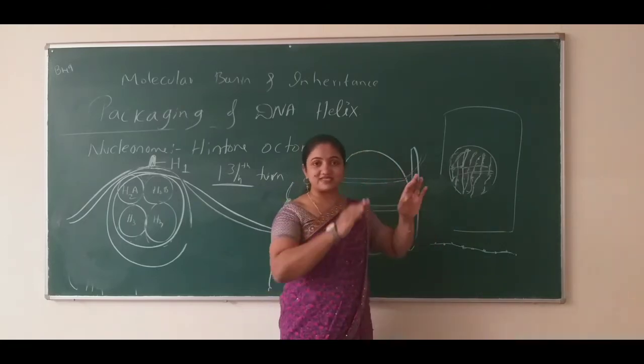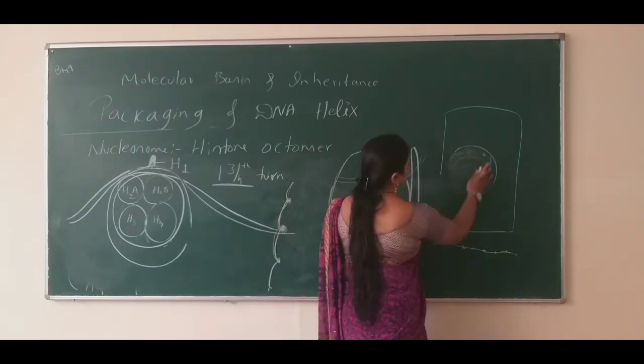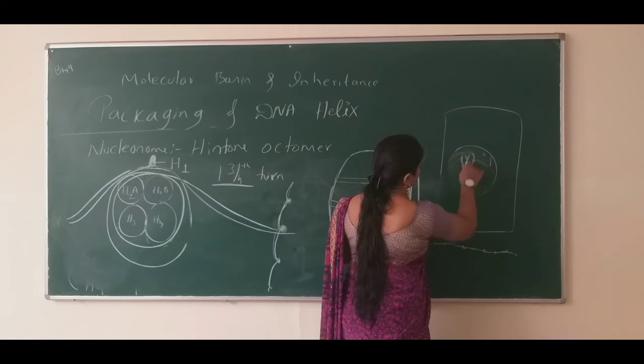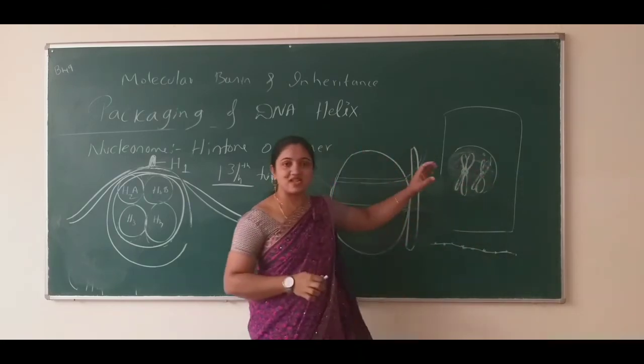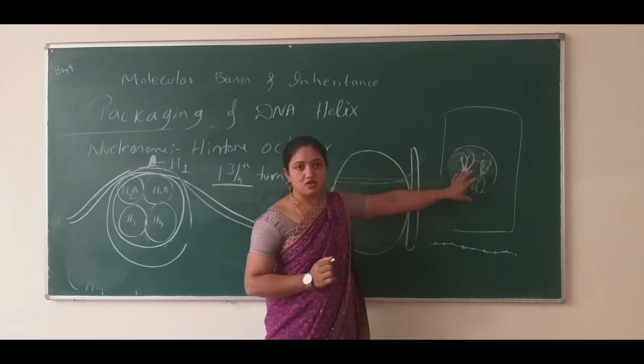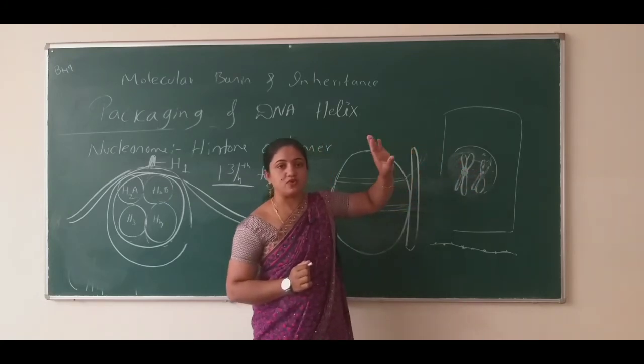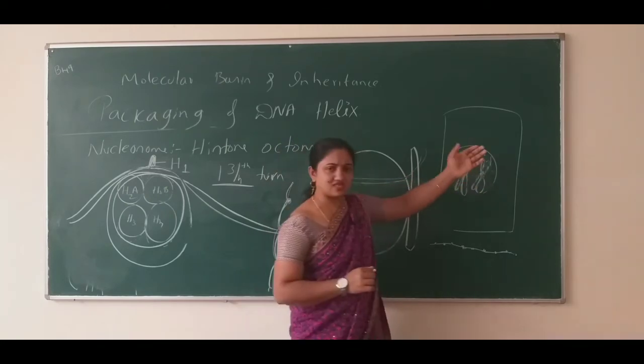One more thing I should tell here: what will happen if the chromosome attains its exact shape? If the chromosome attains this structure, where will the histone octamers go? The histone octamers condense.